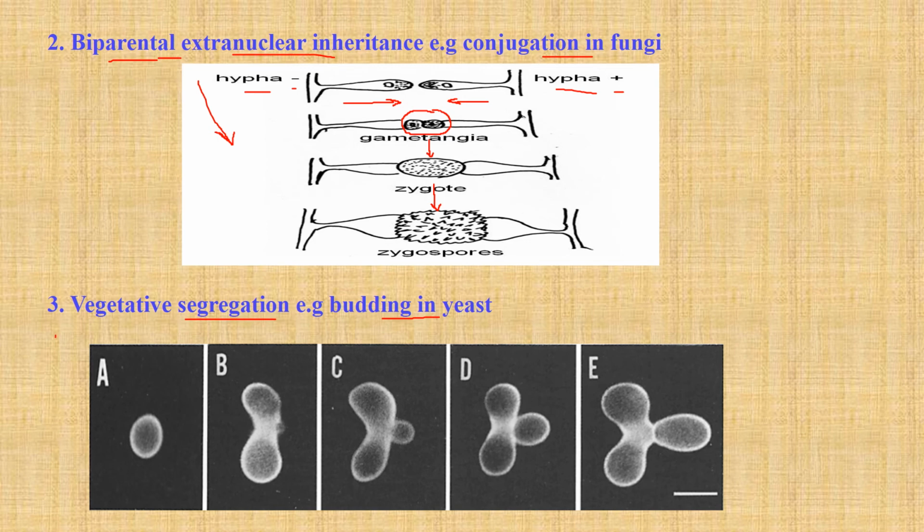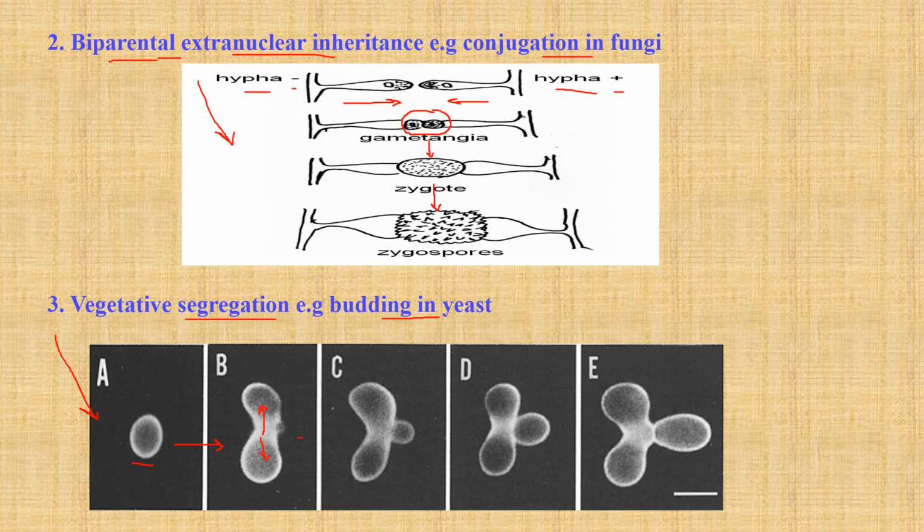We look at this figure below. In A here we have a single yeast cell. In B, it starts to divide by budding, and when it starts to divide by budding, an unequal number of the non-chromosomal DNA will be distributed in a random manner to each of these two cells.